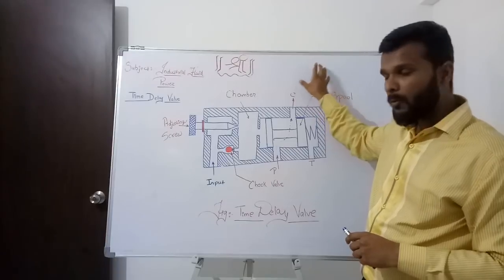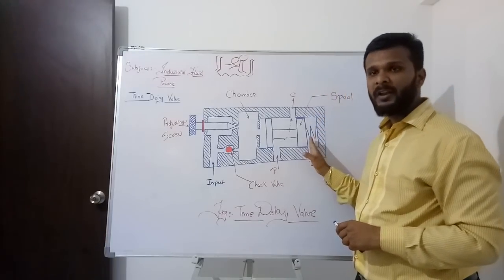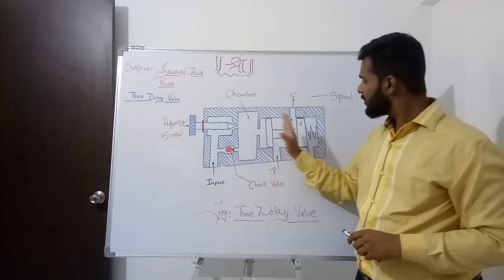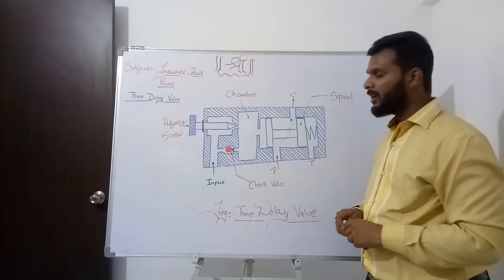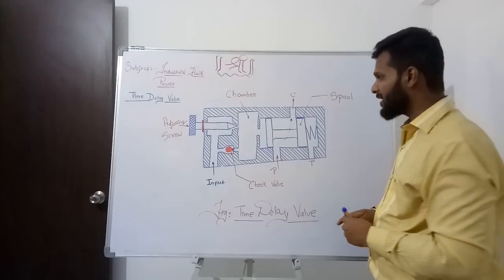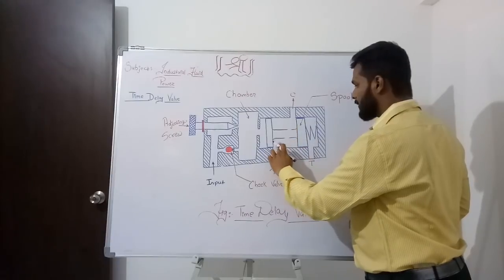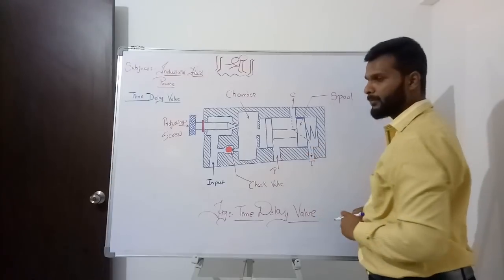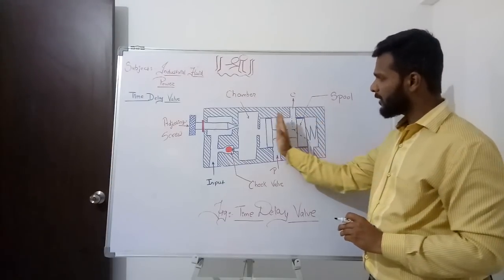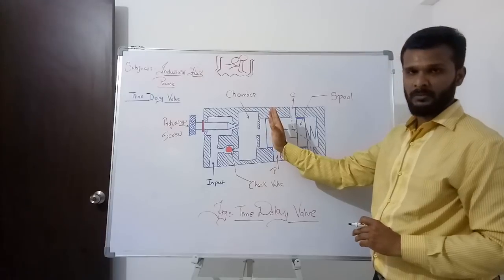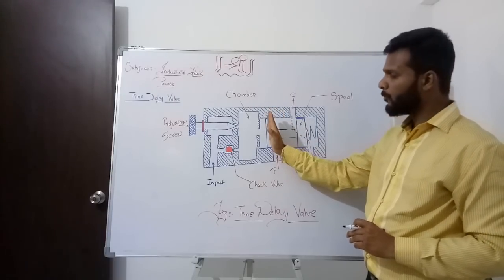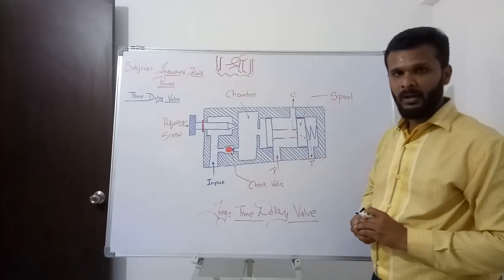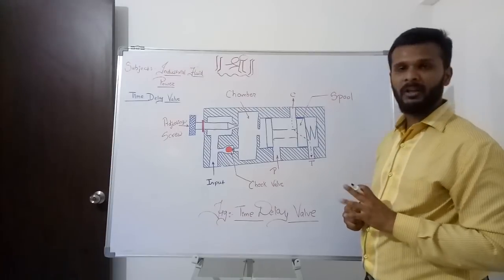After some time, the spring pressure or spring force is greater than the hydraulic fluid pressure, due to which the spool shifts again towards its initial position, providing the passage from point C to T. That means the spool gets shifted towards the left position, and due to this shifting, the passage of the return line from C to T is achieved. So this is actually the time delay valve.